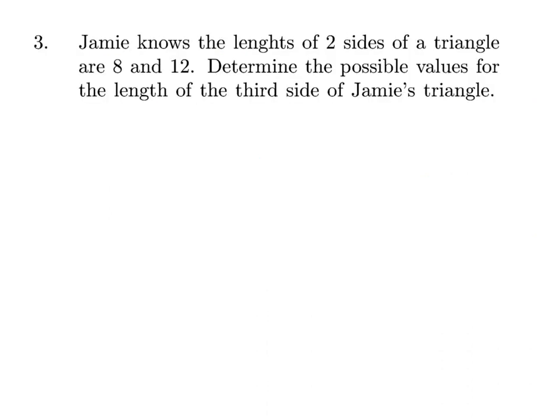Alright, Jamie knows the lengths of two sides of a triangle are 8 and 12. Determine the possible values for the length of the third side of Jamie's triangle. Alright, so the third side is x. So here are all the relationships that exist. Any two sides should be greater than the third side.